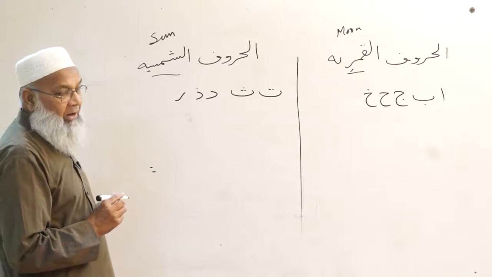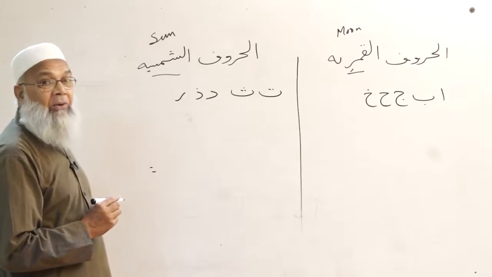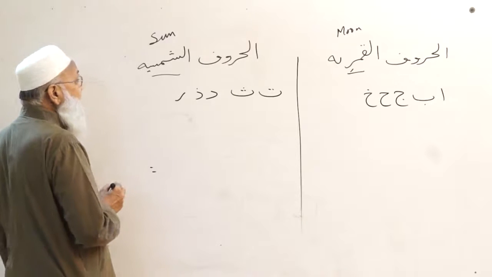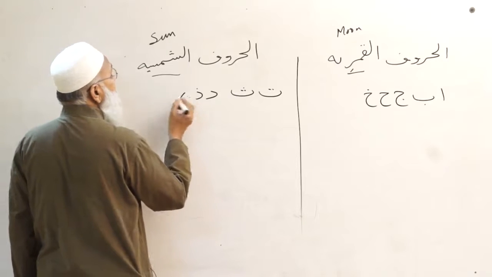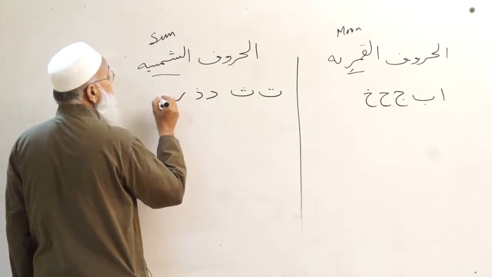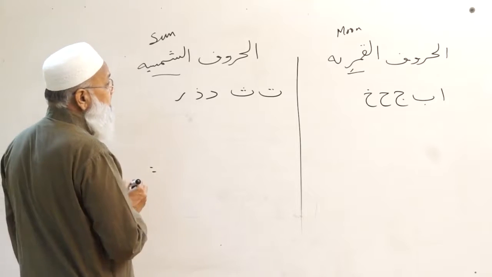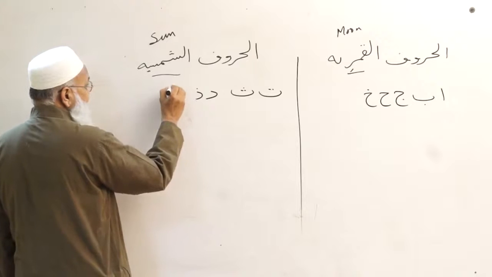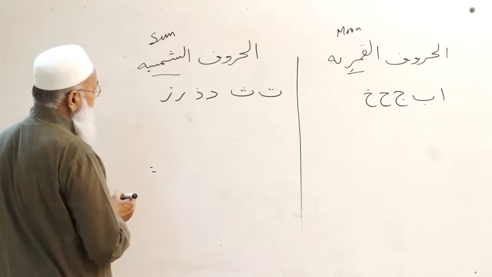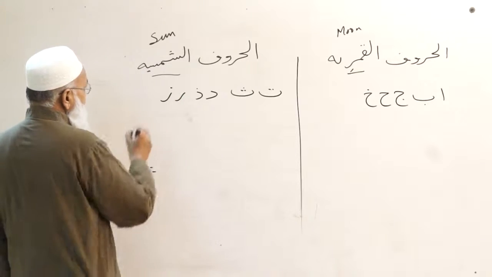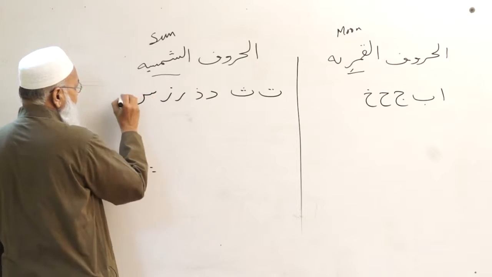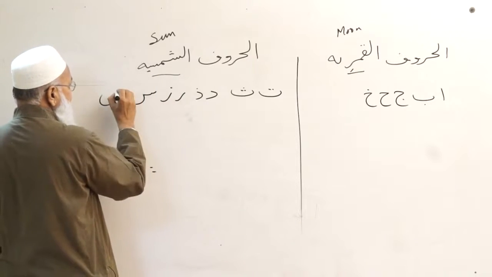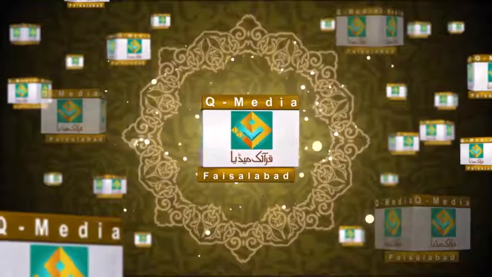Ar-Raibu, Ar-Rahmanu, Ar-Rahimu. Za will also fall in this category. Sheen and Sheen is right here.